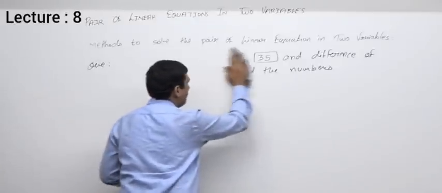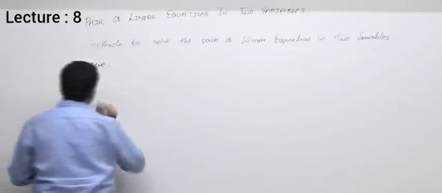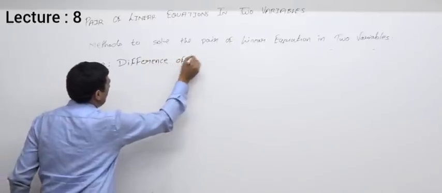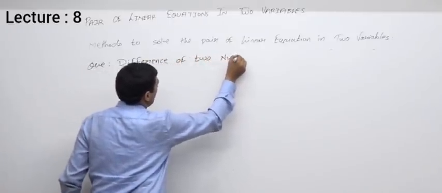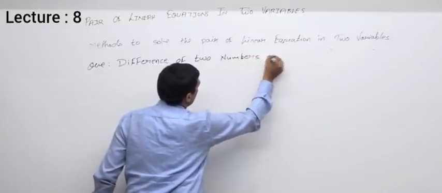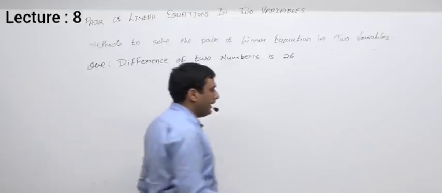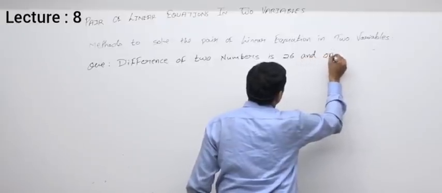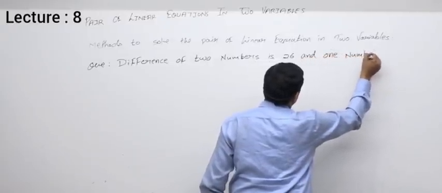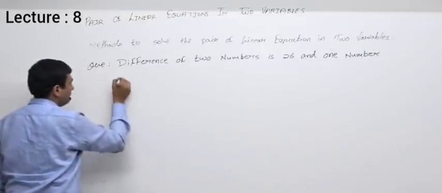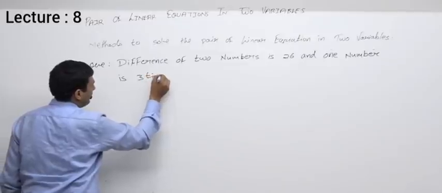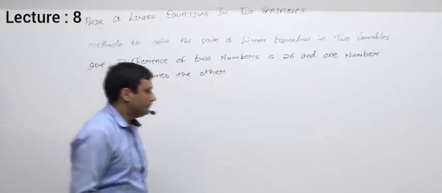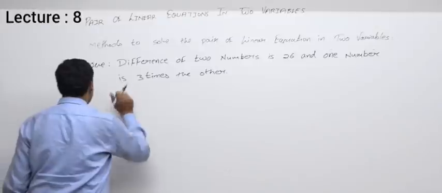The difference of two numbers is 26, that is one condition, and the other condition is that one number is 3 times the other.